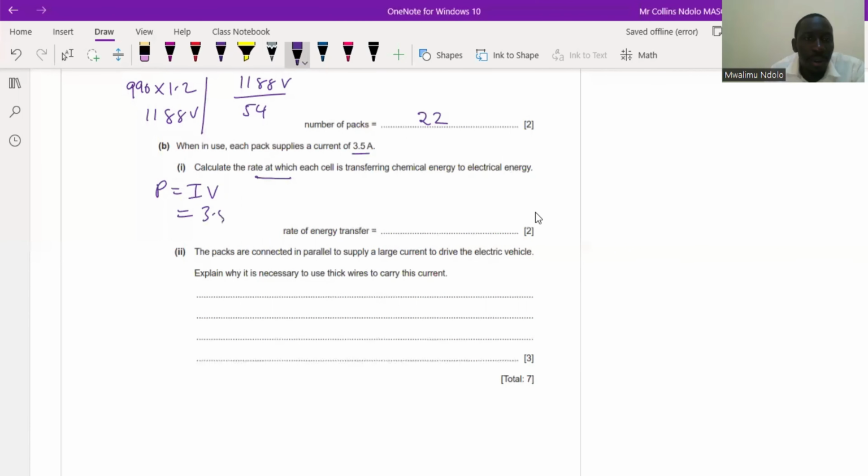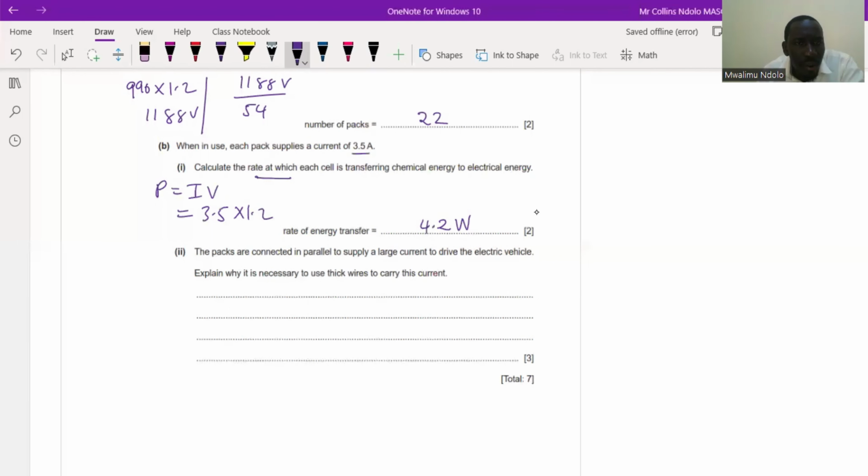So we'll have 3.5 times 1.2, which is 4.2 joules per second, or watts.